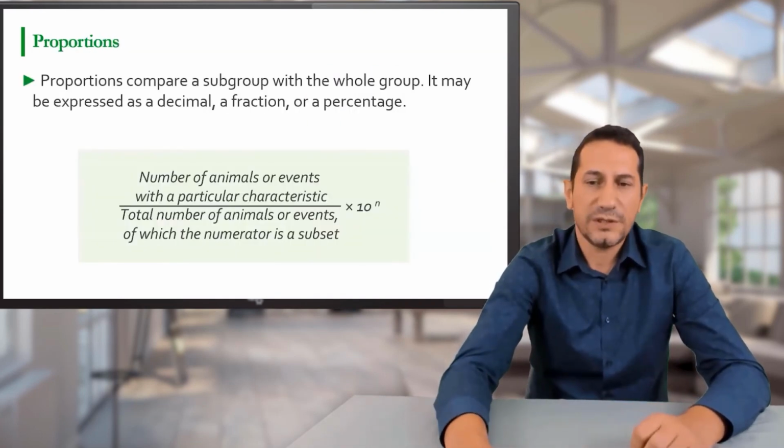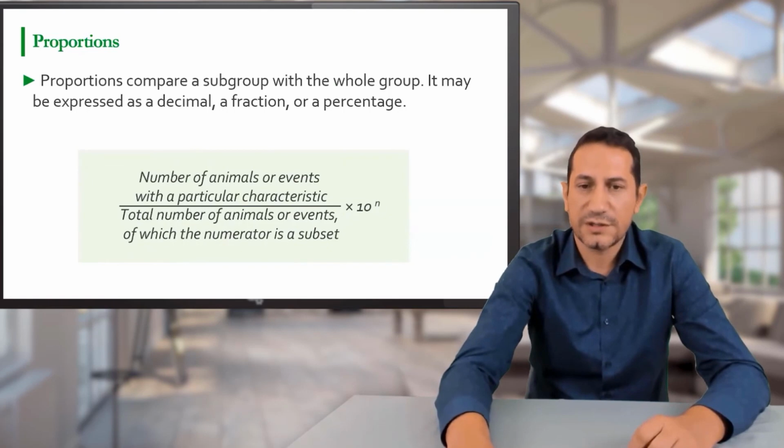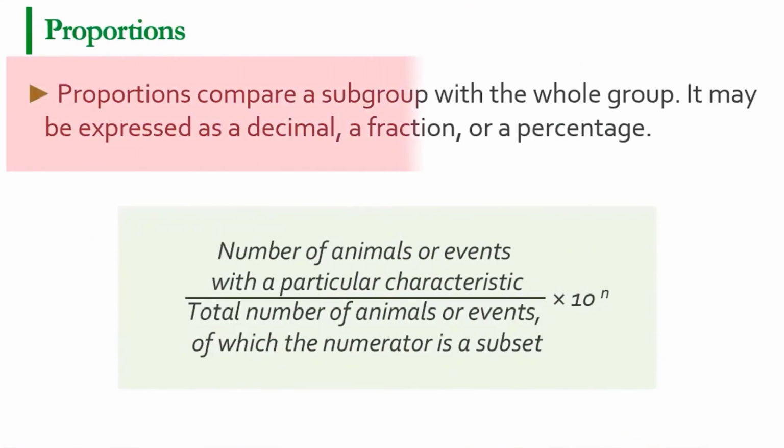We see the proportions, and as we said before, proportions are used to compare subgroups with the whole population, and usually are expressed as decimals, fractions, and percentages. The calculation is done as the number of animals or disease events with a particular characteristic over the total number of animals of which the numerator is a subset, and then multiplied by the multiplier of choice.